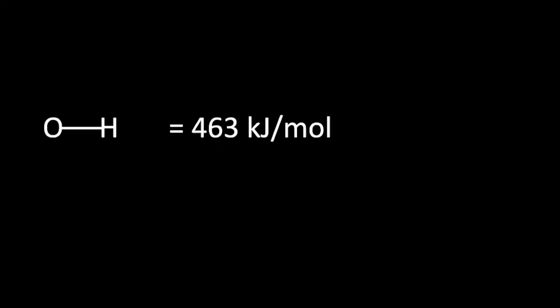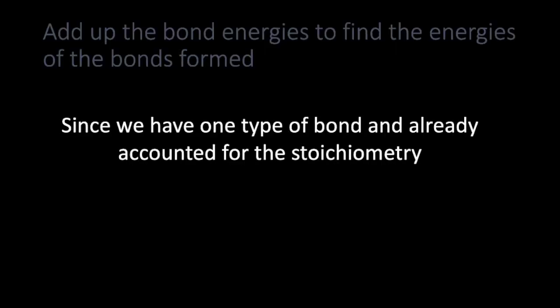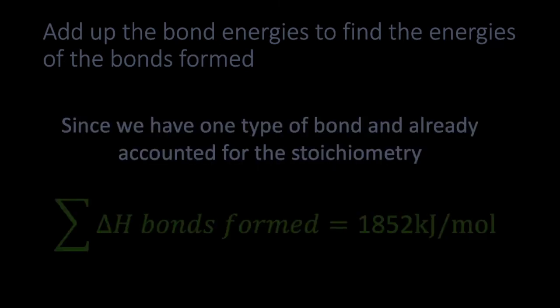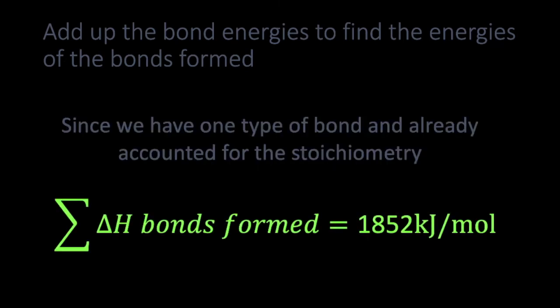So we'll take our 463 kilojoules per mole and multiply it by 4 to get 1,852 kilojoules per mole. Now, we would typically add up the bond enthalpies of all the bonds in our products. However, we only have OH bonds, and we've already accounted for the stoichiometry, so this step is done.